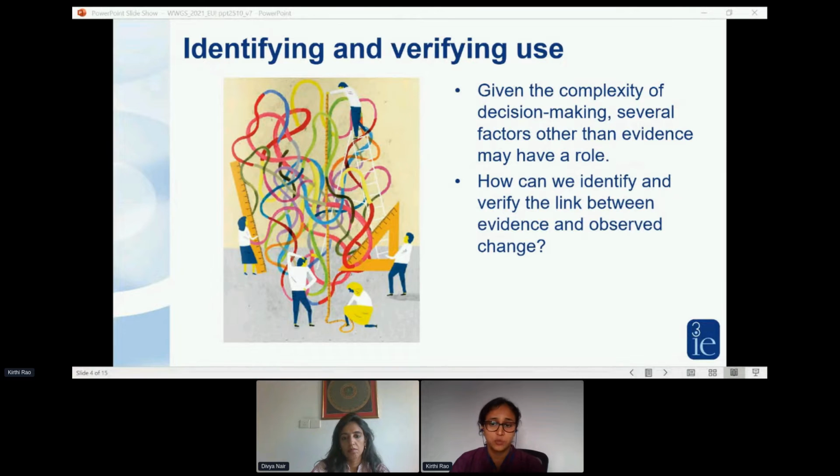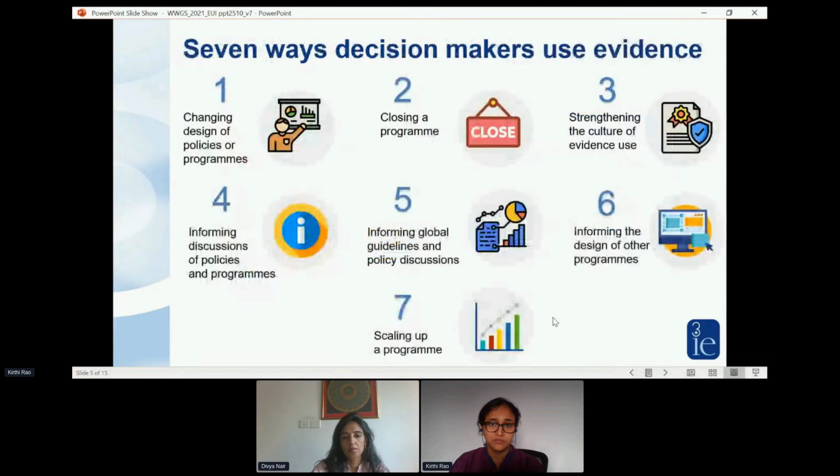So the first thing that we need to detect if evidence has been used is some theory or understanding about how evidence is expected to influence decision makers. Our monitoring has thrown up 7 different ways that research evidence is used. We started with evidence use categories and types as identified in the political science and social science literature.